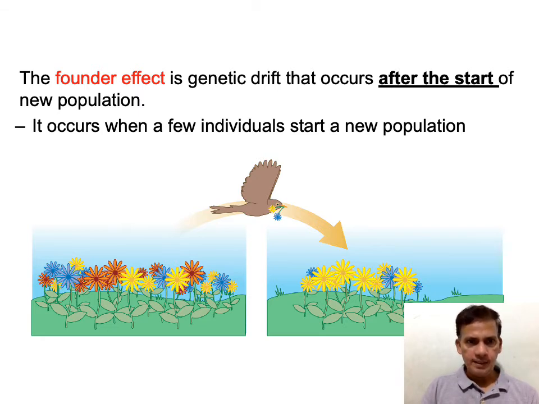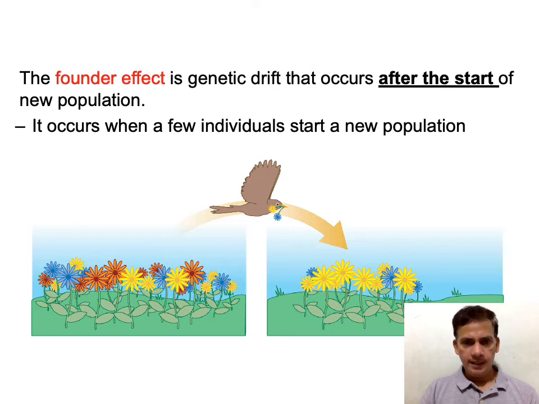Here some of the plant species are growing with different bright colored flowers. Now, let's say by chance some birds pick up one or two flowers of different color, and along with the flowers, since they also contain seeds, it is possible that in different locations only those seeds will be sown and those flowers will grow with only one or two different colors.